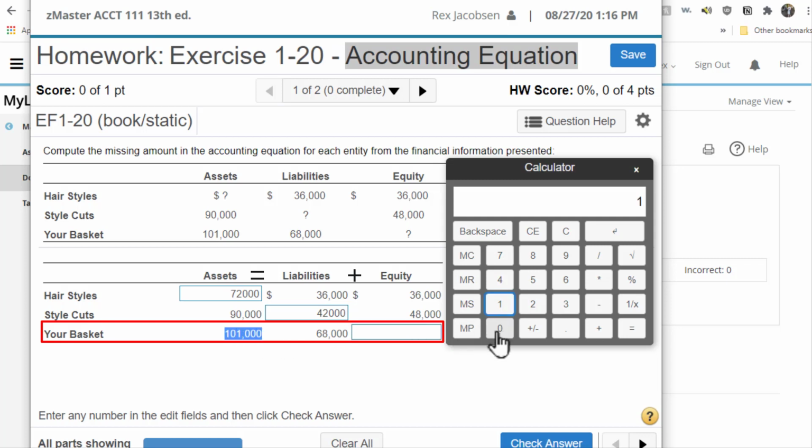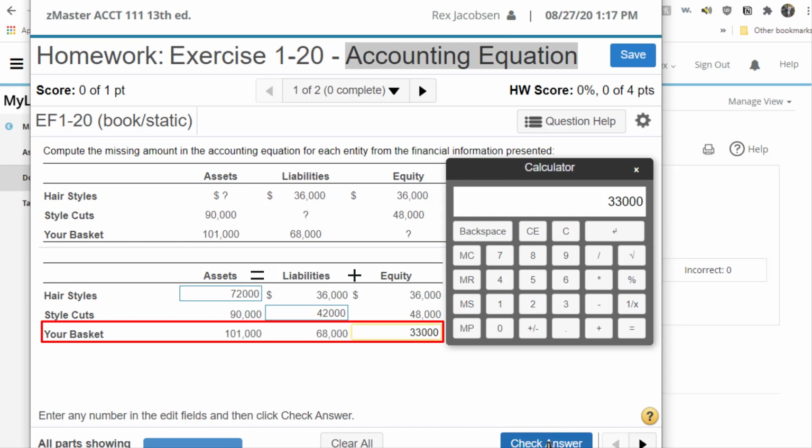So I'm going to plug in 101,000 minus 68,000, which gives us $33,000 of equity. What that means is of this $101,000, the owner owns $33,000 of it and the bank owns $68,000. So in other words, the owner's equity or net worth of the company is $33,000.